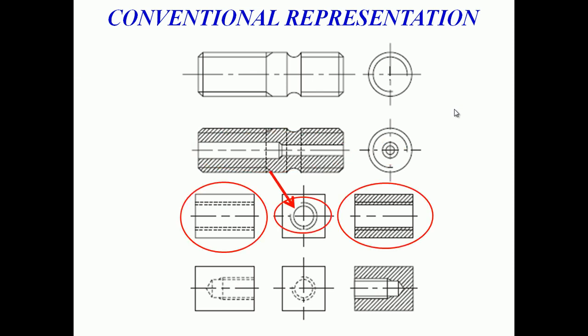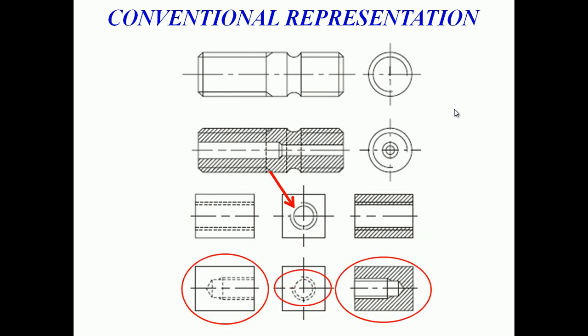If we come to the third diagram, it shows the sectional view and also the view without section, and the center one denotes the side view of these two. How to conventionally specify the internal thread is clearly given in the center. The arrow indicates how to conventionally represent a thread in the side view.